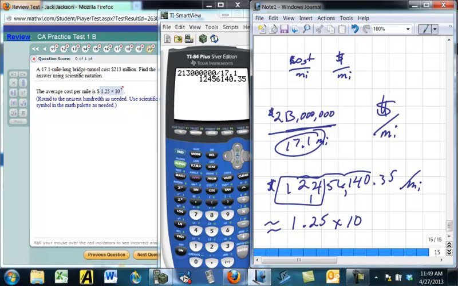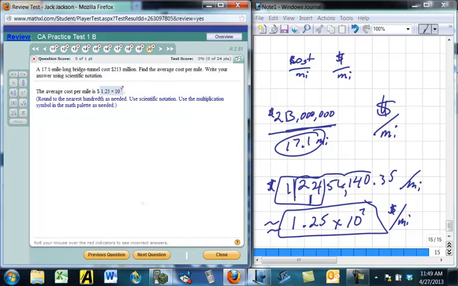So this times 10 to the 7. Just 1 past that comma. 7th. And again, that should be dollars per mile. I really should say dollars per mile, but they got the per mile over here, so that's okay.